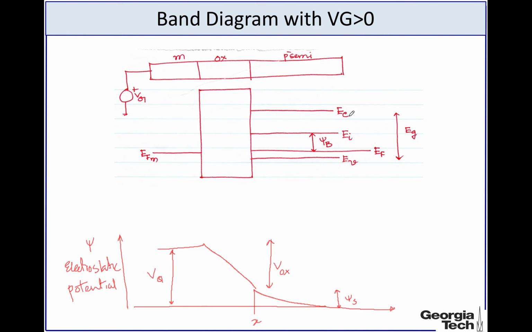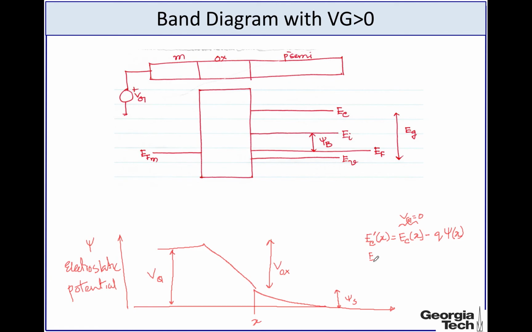So for example, the new EC, which we say EC prime, at the value of x is the old value of the EC, where old value means at Vg equals 0, and then we subtract Q psi(x).